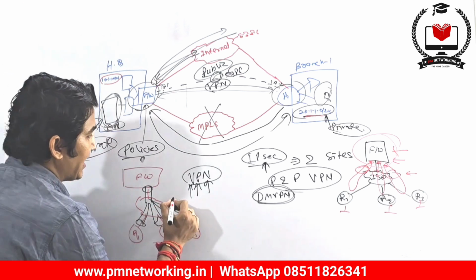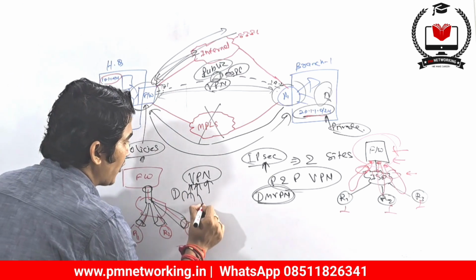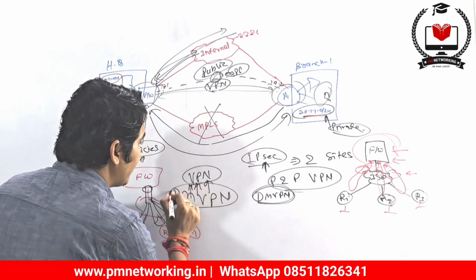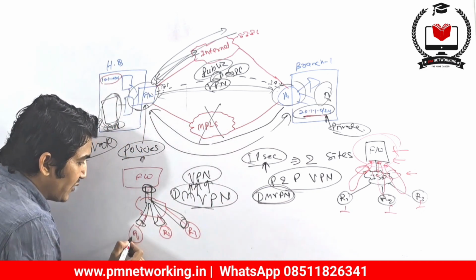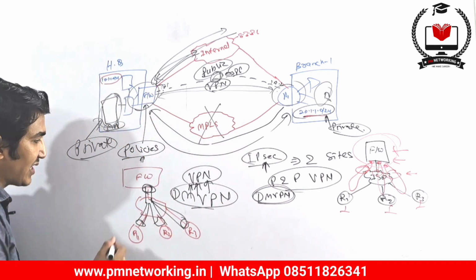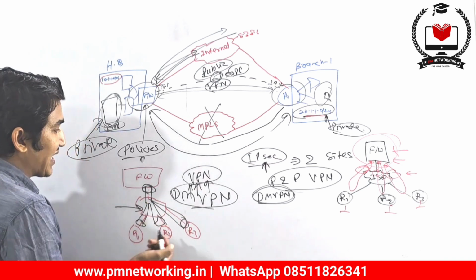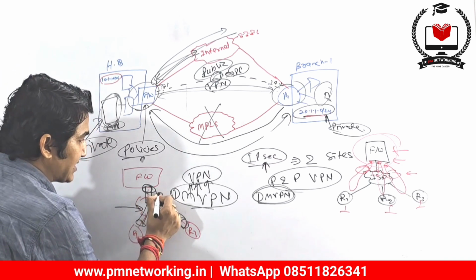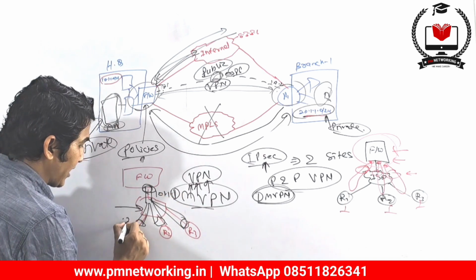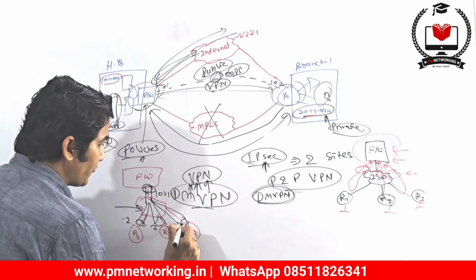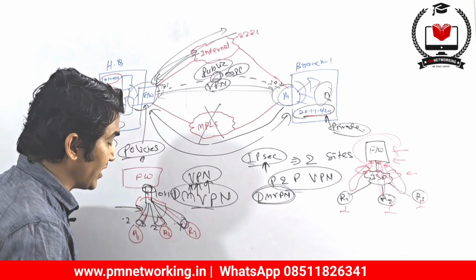This is DMVPN, dynamic multipoint virtual private network. So one point is now connected with multiple points, and on the VPN I can run one subnet. Let's say here the IP address is 10.1.1.1, here 10.1.1.2, here 3, here 4. Now I can configure any routing protocol here.